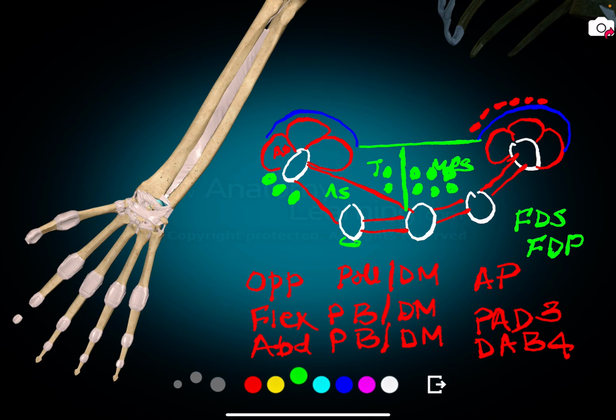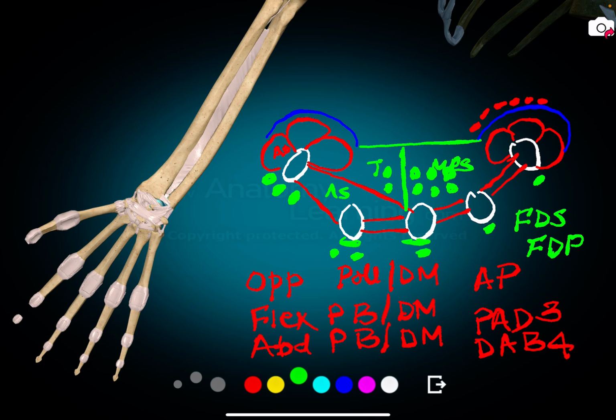Then the muscles on the medial side of the snuff box, the extensor carpi radialis longus and brevis. Then we place the extensor indicis, the extensor digitorum, the extensor digiti minimi, and of course the extensor carpi ulnaris has already got inserted into the carpus, so you don't see it in the metacarpal region.